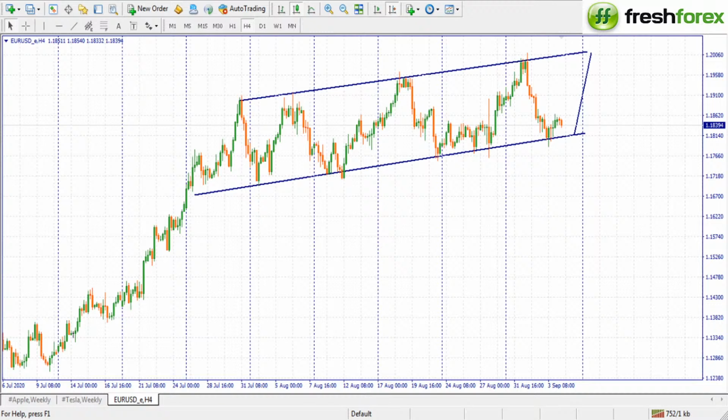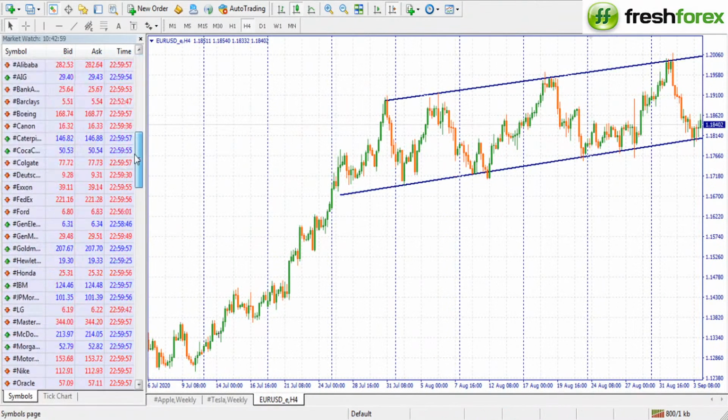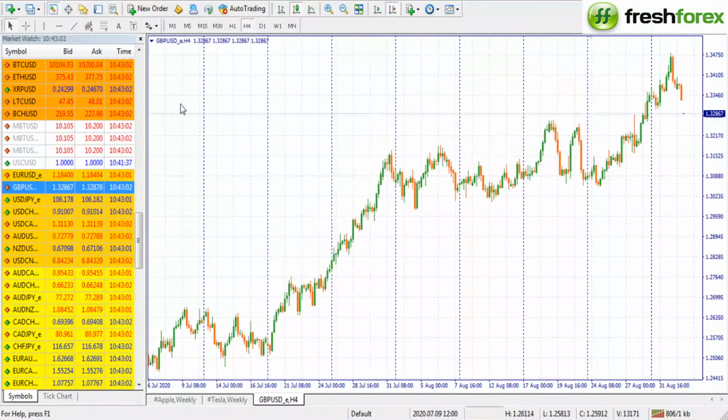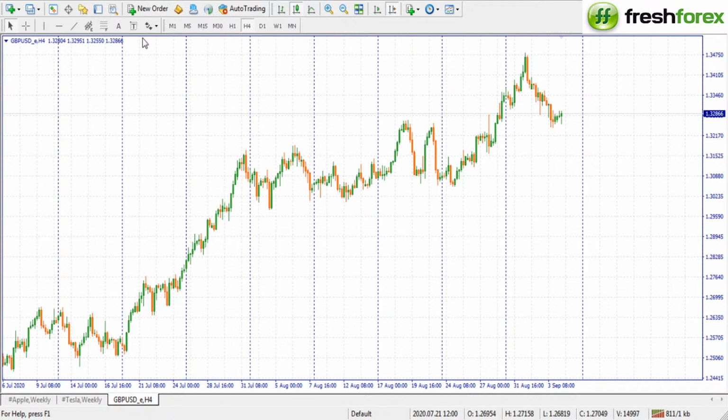The next chart I want us to look at is GBP USD.